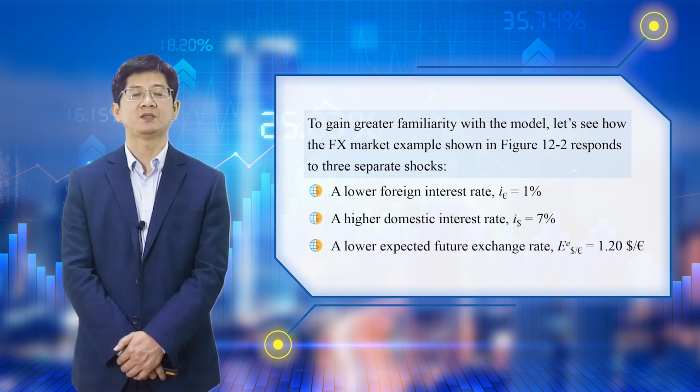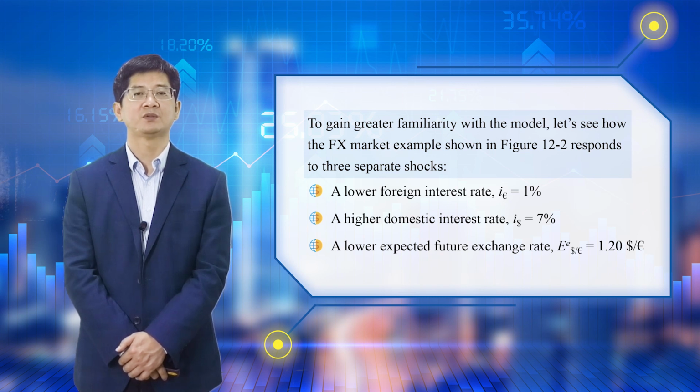These three cases are shown in figure 4.3, panels A, B, and C. In all three cases, the shocks make dollar deposits more attractive than euro deposits, but for different reasons. Regardless of the reasons, the shocks we examine all lead to dollar appreciation.